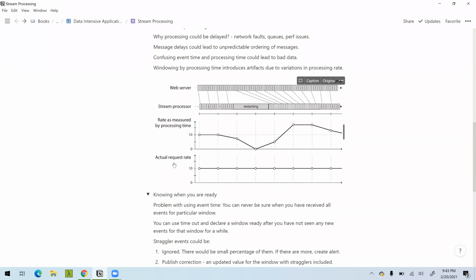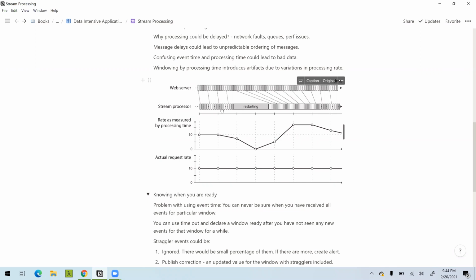What we mean is that you do not know when the web server has sent you all the events for that particular time interval. So let's say you want to look at all the events with the web server timestamp from 7 a.m. to 8 a.m.